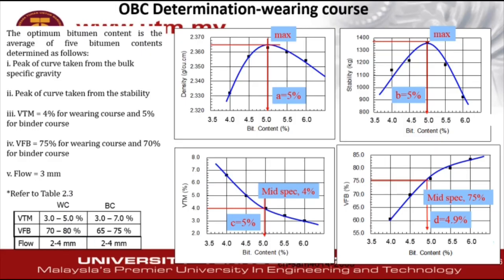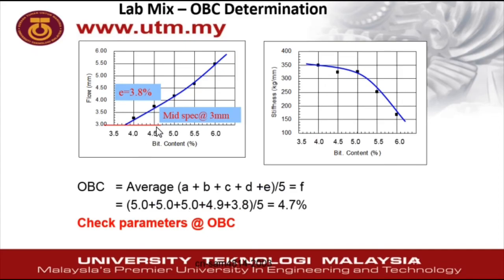Looking at the flow graph, the bitumen content assigned as E is 3.8 at the mid-spec of 3 mm. So based on the 5 criteria just now, we have selected the bitumen content for each criterion. Now we can calculate the value of the optimum bitumen content by taking the average of these values. Based on the calculation, the OBC obtained from this example is 4.7%.